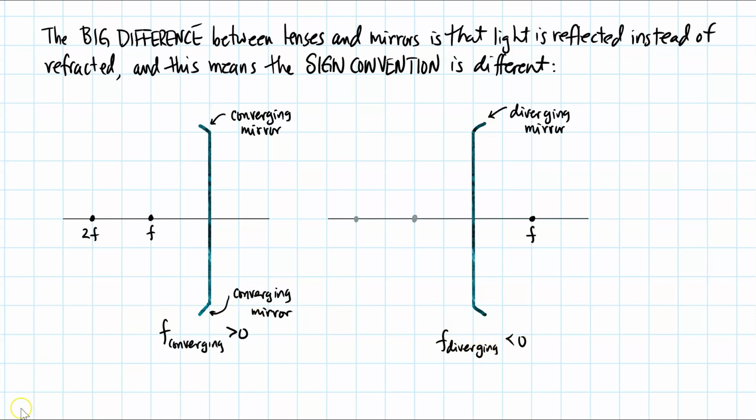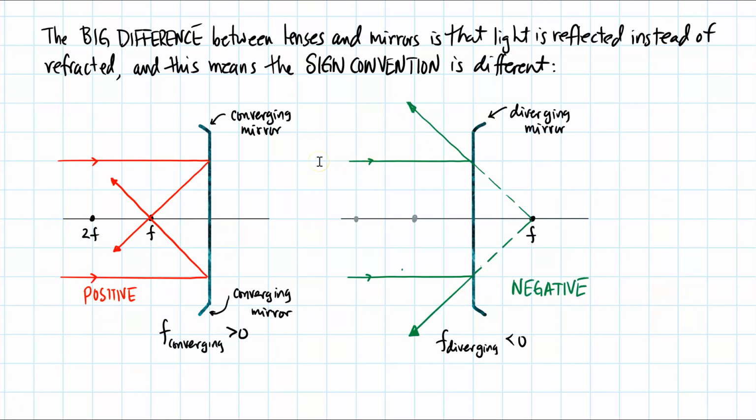So the focal point defines what's positive and negative. For rays coming from the left, the mirror focuses the light on the left side. So this focal point being on the same side as the object is what we call the positive side.